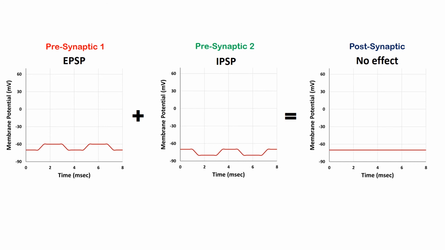The combined effects of these would be that they annihilate each other, leading to no effect, or at very least may decrease the depolarization enough such that the postsynaptic neuron does not fire. In this case, presynaptic 2 essentially played a nope card and prevented that postsynaptic neuron from firing.